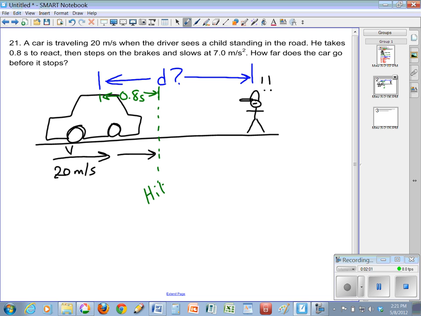So I'll write here, hits the brakes. Up to that point, the car is going 20 meters per second.